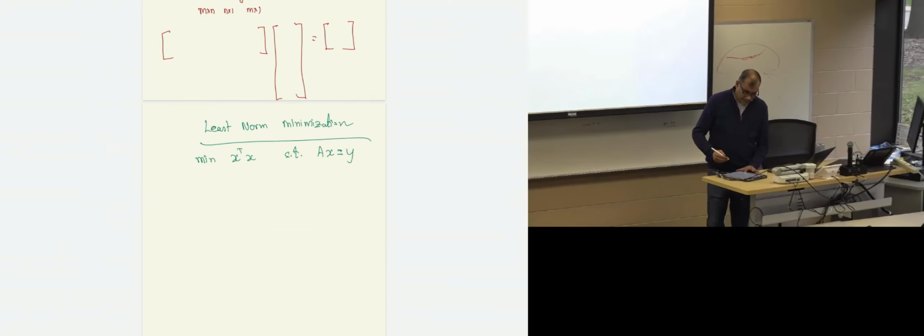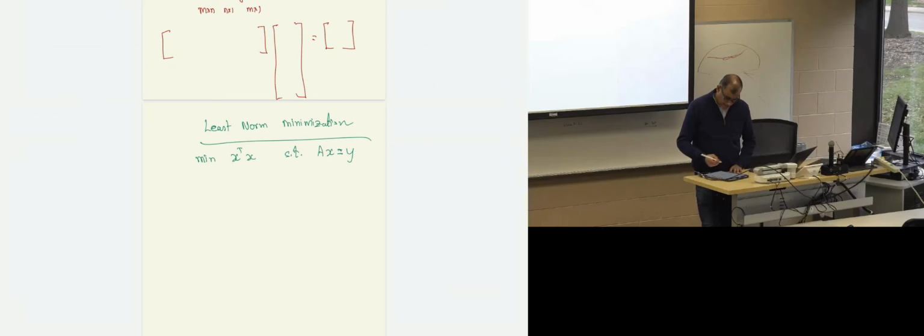And you would basically write it as a Lagrangian. So you basically say this is the same as minimizing x transpose x plus some lambda transpose, let's say, (y minus Ax). You find me the x that minimizes this.